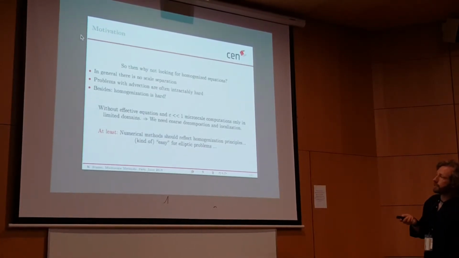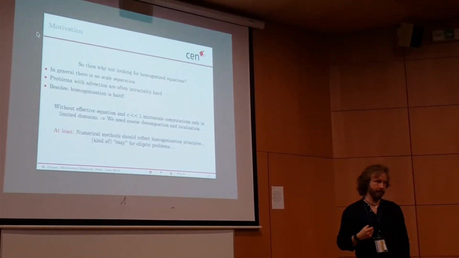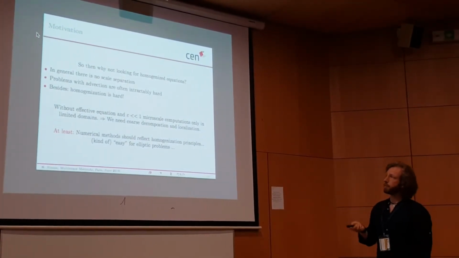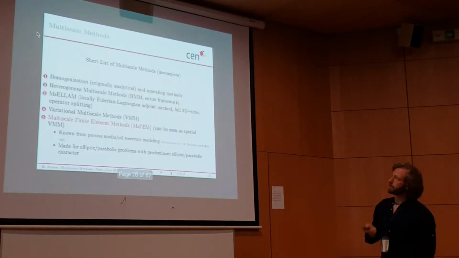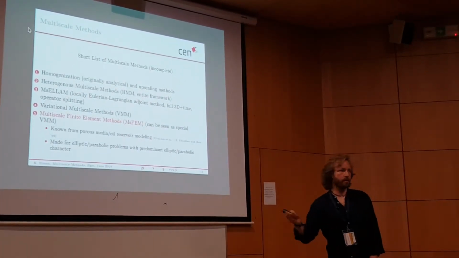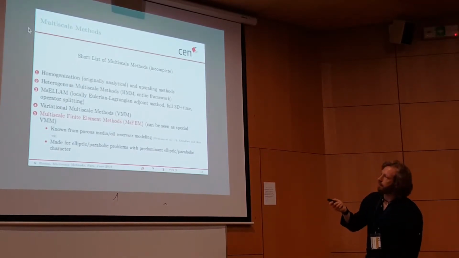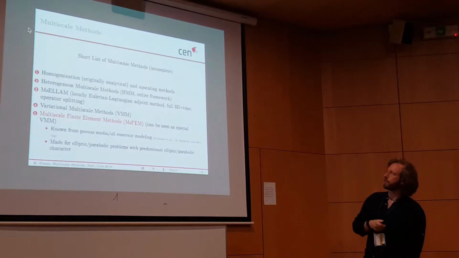So these homogenization principles that we just saw should be reflected by numerical methods. For elliptic problems, this is kind of easy. Let me skip that. There is a bunch of methods out there: numerical multiscale methods, HMM methods, multiscale Eulerian Lagrangian adjoint methods, variational multiscale methods, and so on.